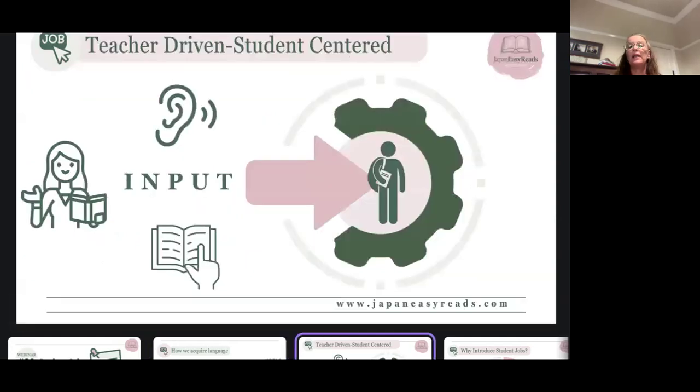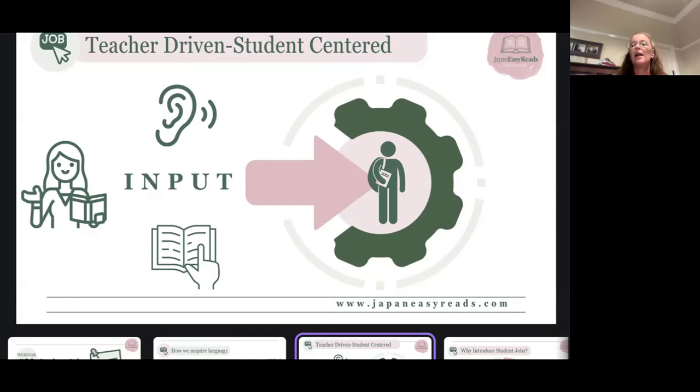So with that in mind, I wanted to talk more about our role as teacher and our role in a CI classroom. So in a CI classroom, it's teacher-driven and student-centred, and I'll break this down and talk a little bit more about this in depth because, as I said, I really feel quite strongly that this is something that is often misunderstood.